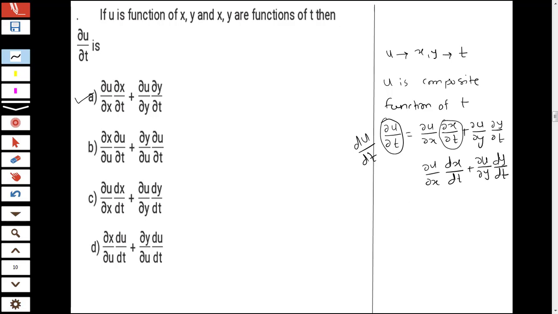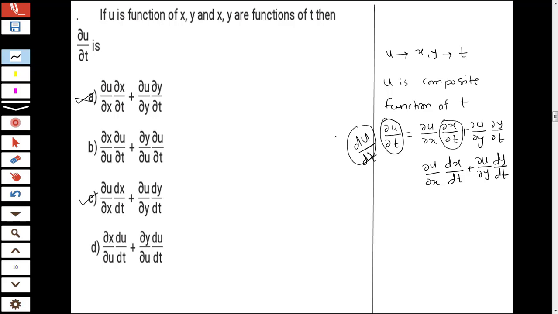So if we consider x and y as a function of single variable, instead of ∂ we have to consider d, so okay, in option C we have that notation. So the most correct answer is this option C, but this you have to consider as du/dt.